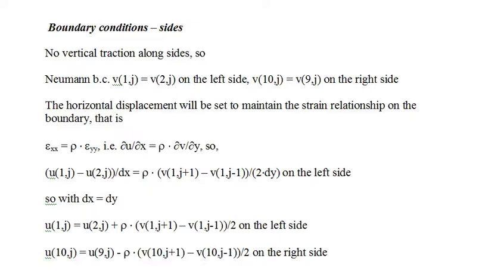And with dx equal dy, this simplifies to u(1,j) minus u(2,j) equals rho times v(1,j+1) minus v(1,j-1) divided by 2. And a similar boundary condition is specified for the right side.